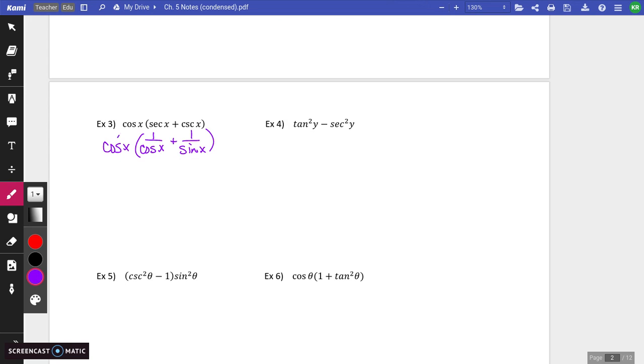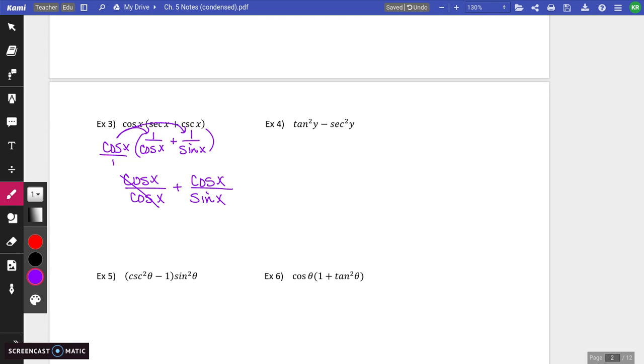But we can distribute. Okay, so if I take cosine, because remember, cosine of x, that's like cosine over 1. So if I do cosine of x times 1 over cosine x, I get cosine x over cosine x plus, and then this would be cosine x over sine x.